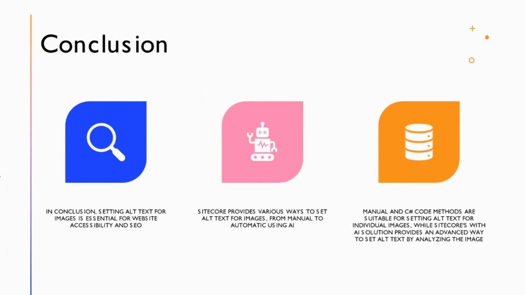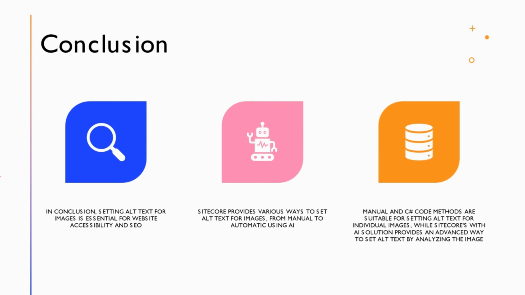So the conclusion here is that setting alt text for images is essential for website accessibility and SEO. Sitecore provides various ways to set alt text for images. We saw the manual way, and we saw the automated way using AI. Each method has its own advantages and disadvantages, and you should choose the method that best fits your needs.